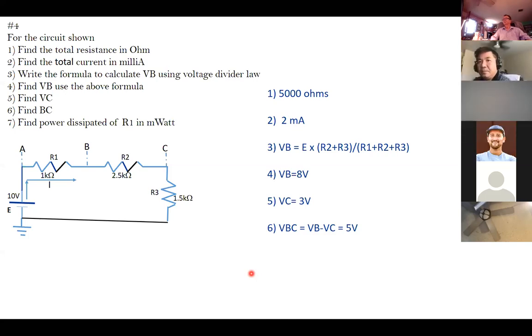The formula will be the voltage drop times the current, so I squared times R1. Who got it? 4 milliwatt? Okay.